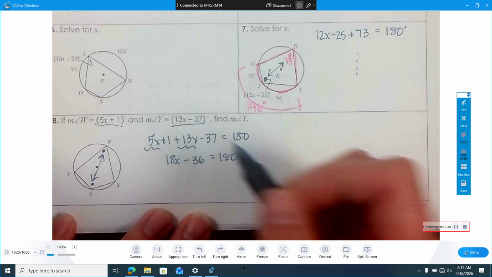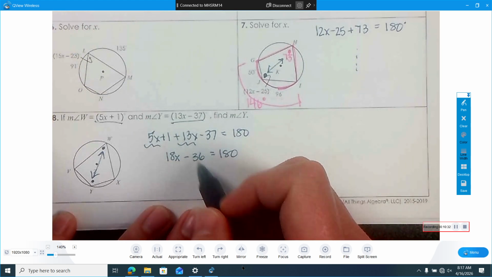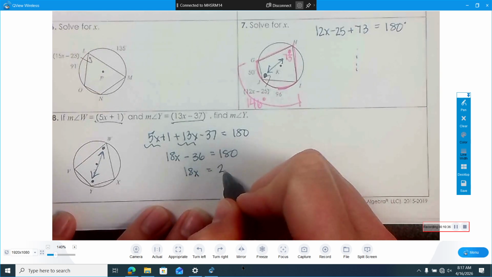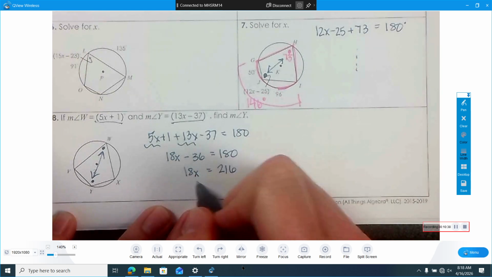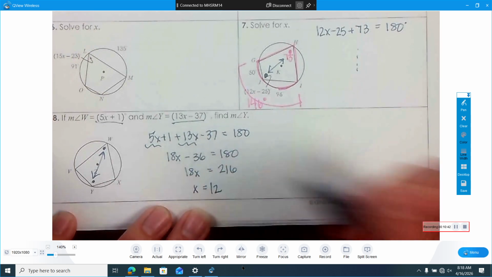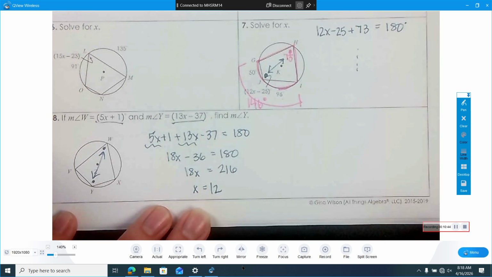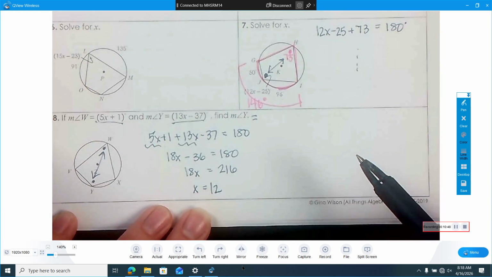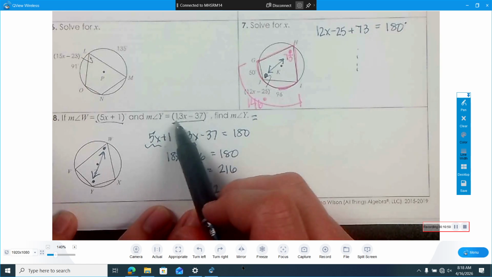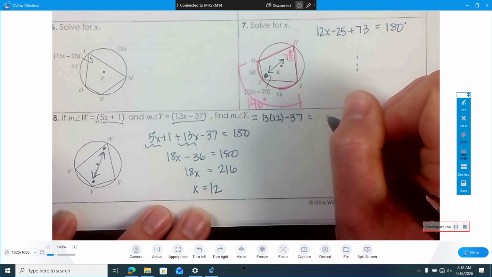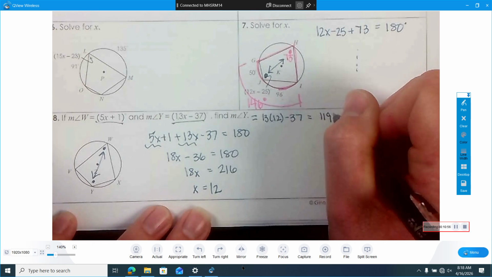We're going to add 36 to the other side, so that's 216. Then divide by 18, and we get 12. And then to find the measure of angle Y, plug it in right here. So we get 13 times 12 minus 37, and that turns out to be 119 degrees.